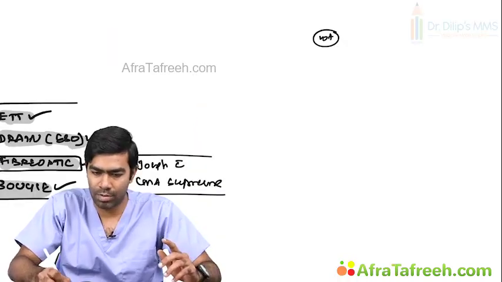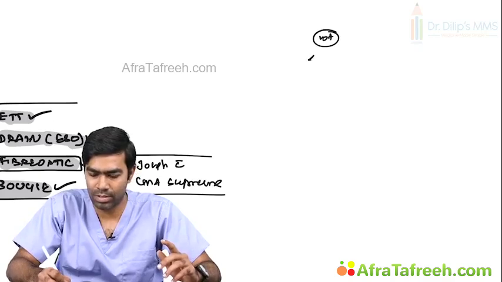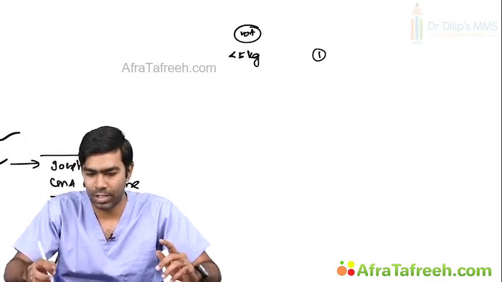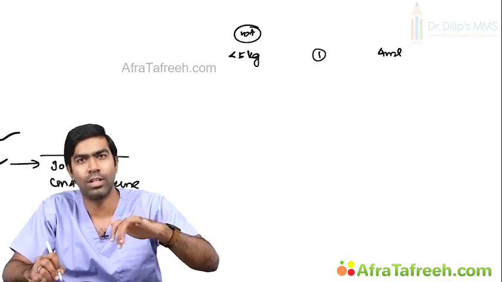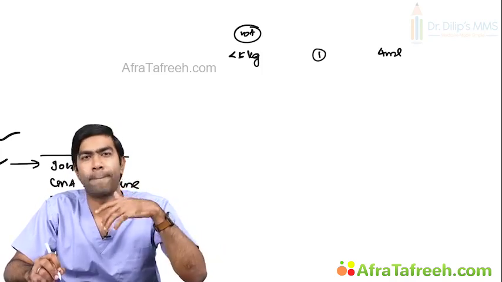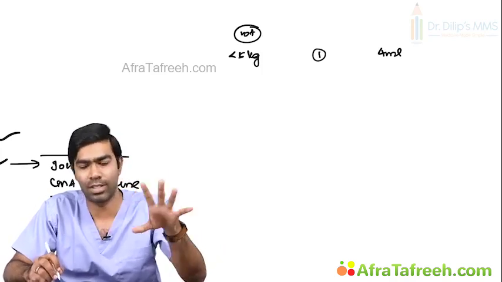So how will you select the size of the LMA? Remember, for classic, ProSeal LMAs, all these, the size of the LMA is dependent on the weight of the patient. For example, if it is less than 5 kg, you choose a size 1, which can hold a cuff volume of 4 ml, because these are cuffed, isn't it? ProSeal, Supreme, then your classic LMA, flexible LMA, all these are cuffed.